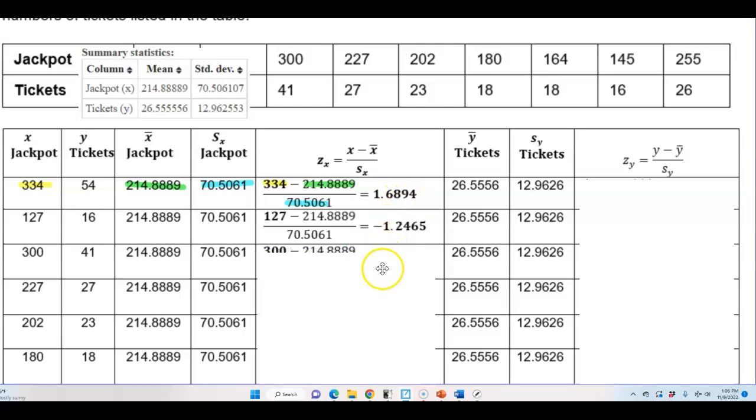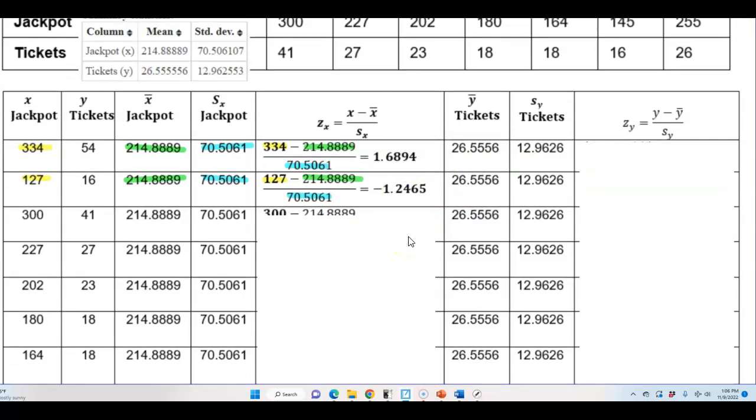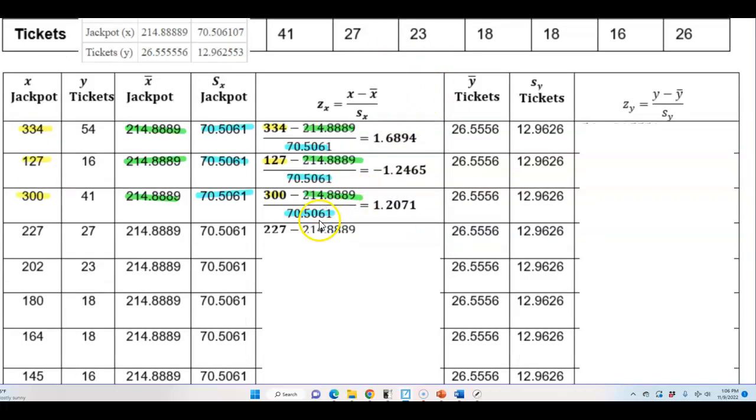Okay, if we do the same thing, we take the value of x, which is 127, subtract the mean of the x values, and then divide it by the standard deviation. Now we get negative 1.2465 for the z-score. Then we take the value of 300, subtract the mean, and then divide it by the standard deviation.